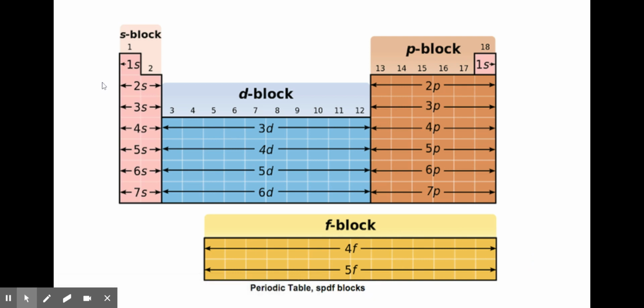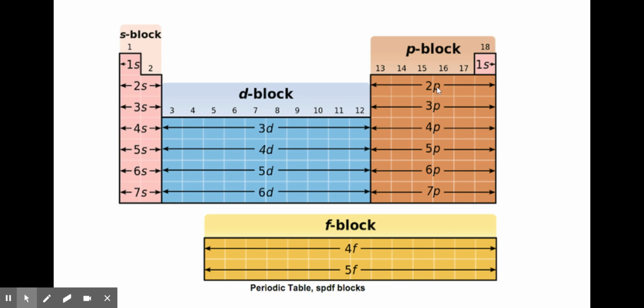So let's do this. Let's pay attention. We know S's can hold 2. Any S subshell can hold 2 electrons. We'll take a look. Here is the 1s subshell. It goes from hydrogen to helium. How many electrons are there between hydrogen and helium? 2, okay? Let's look here at the 2p.